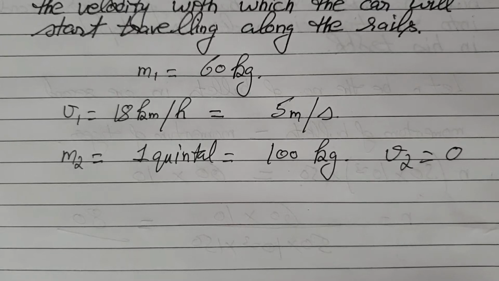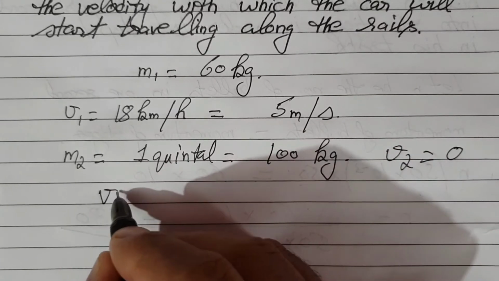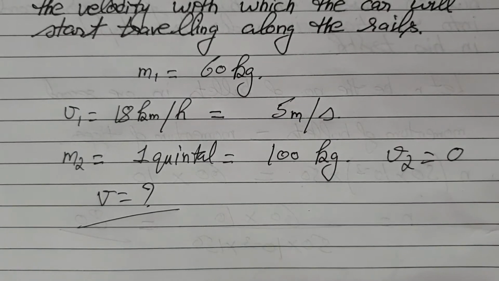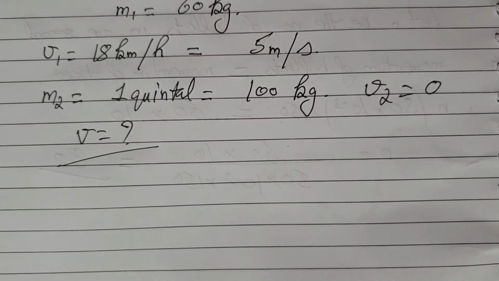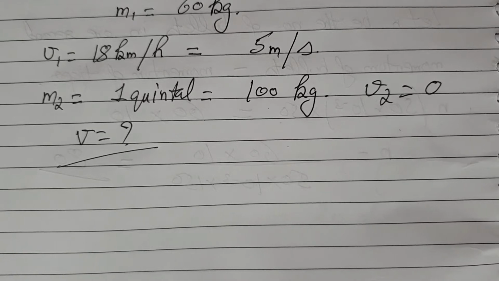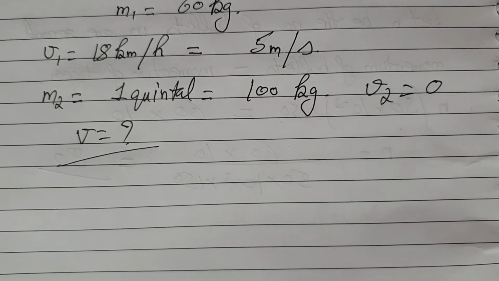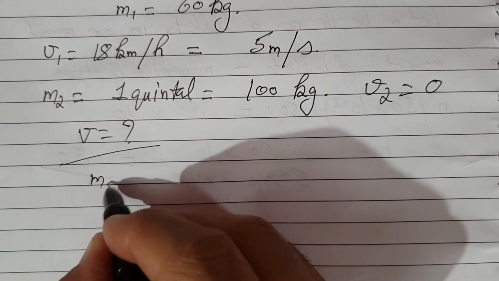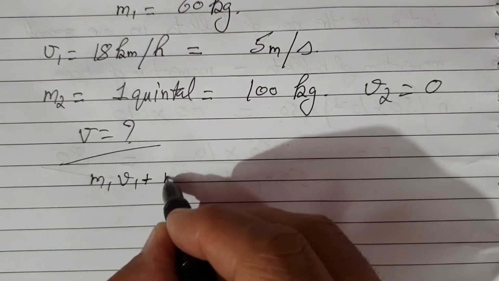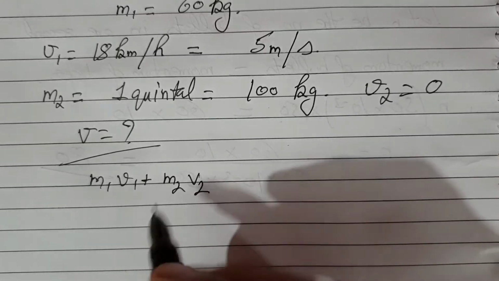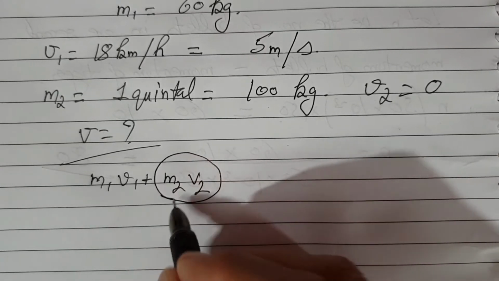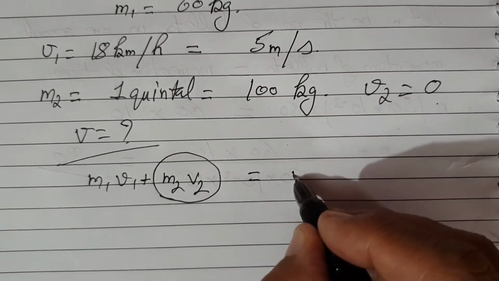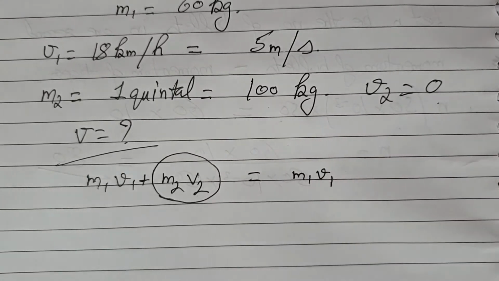Now considering v as the combined velocity of both of them, which we have to find, we apply the principle of conservation of momentum. Initially v2 was 0, so the initial momentum is m1 v1 plus m2 v2, where the second term is 0 because the rail was at rest. So the initial momentum is m1 v1 only.